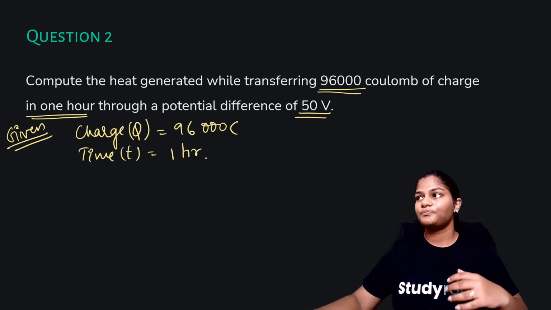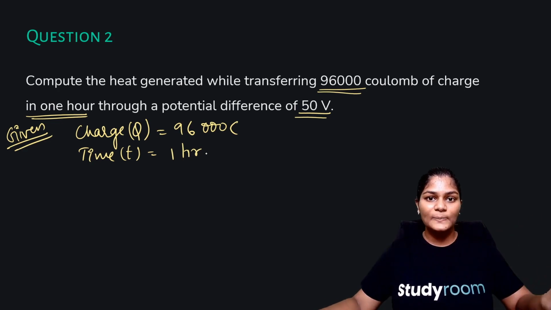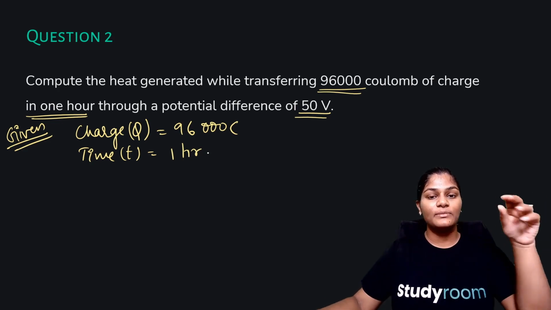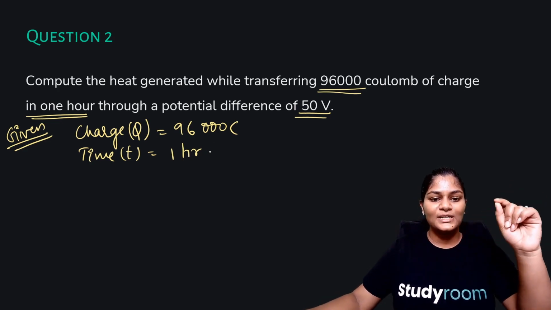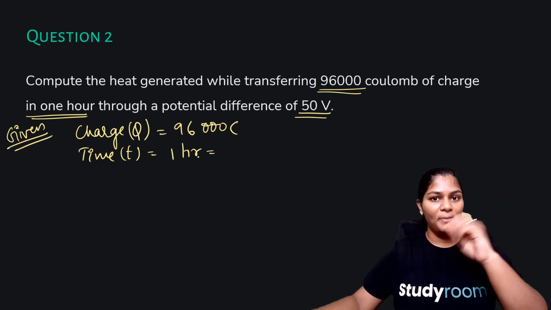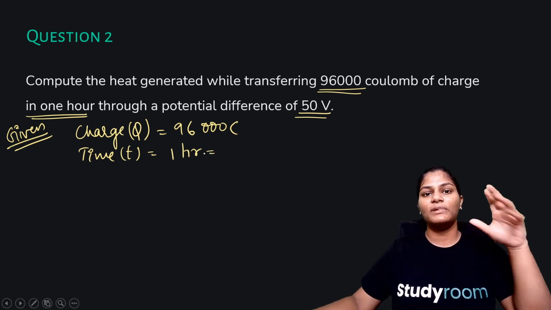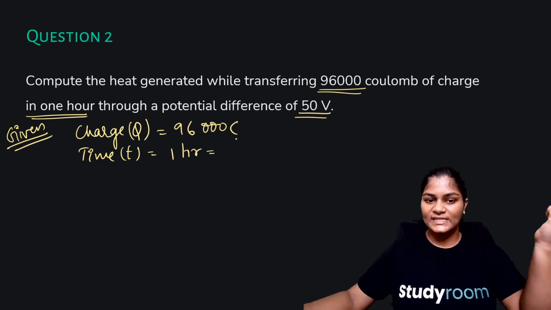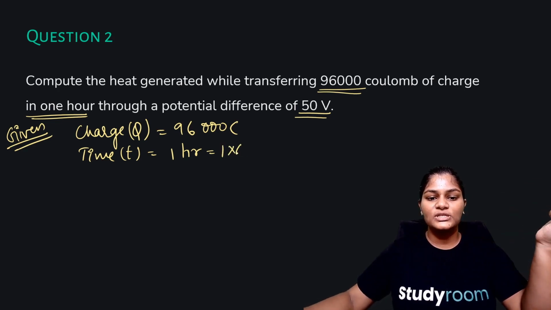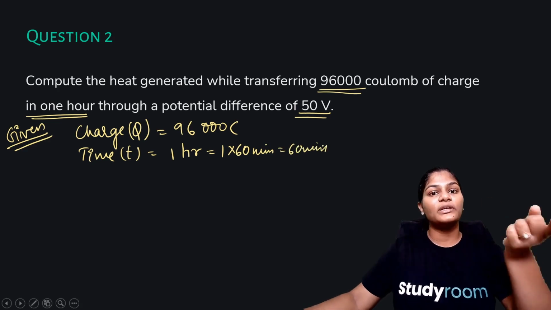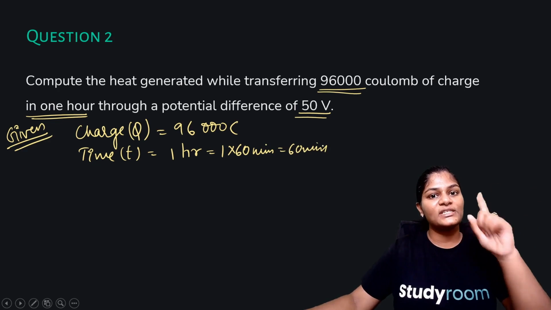Now we know that for standard purposes, we need this time in seconds. So first, if we convert hour to minutes, how many minutes in 1 hour? It is 60 minutes. Now, if we want to convert minutes into seconds, how many seconds in 1 minute?